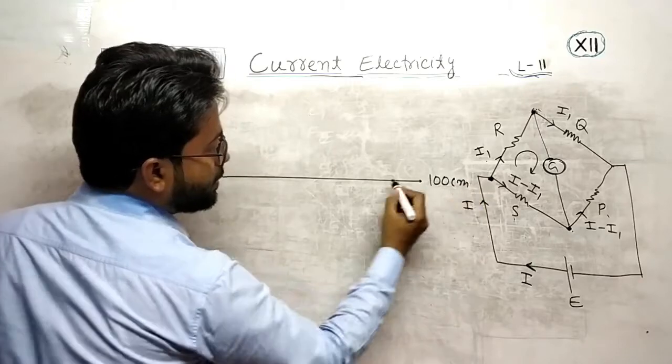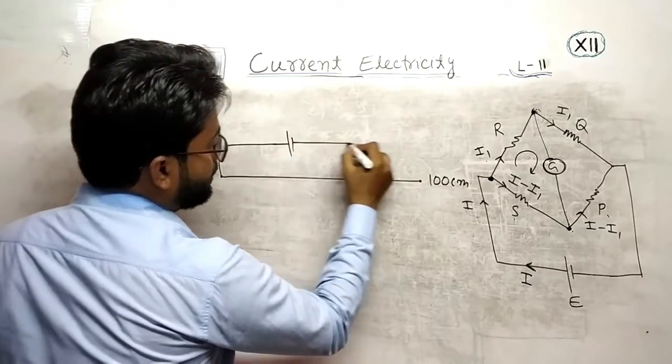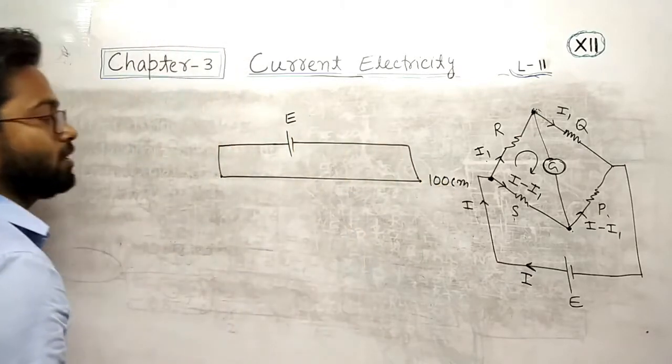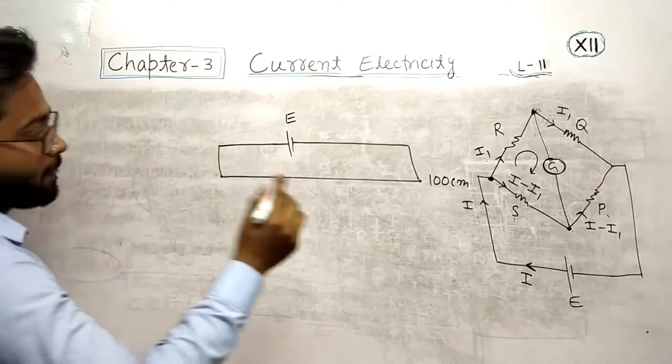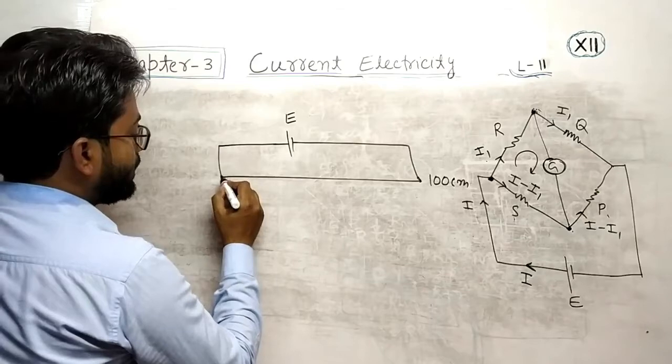100 centimeter of wire. A battery is connected here. Let us suppose this is of E voltage.